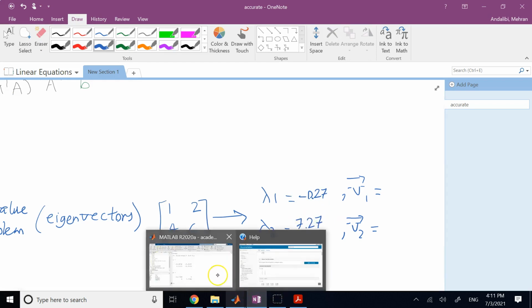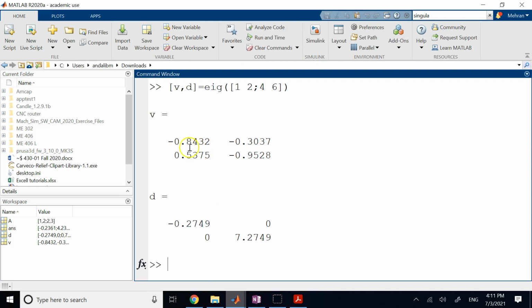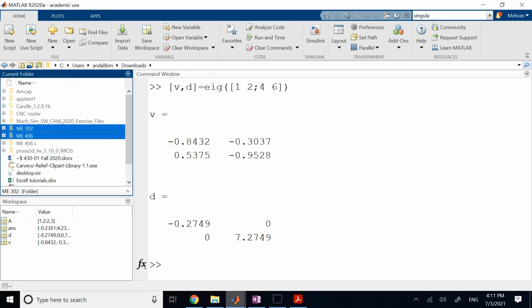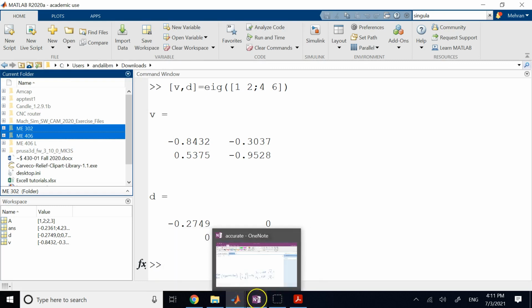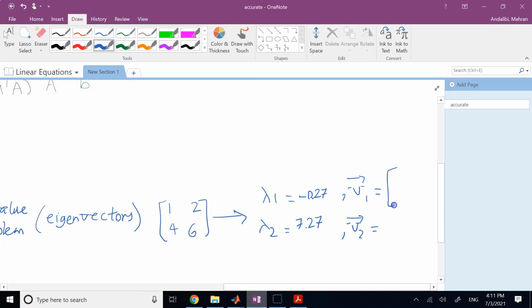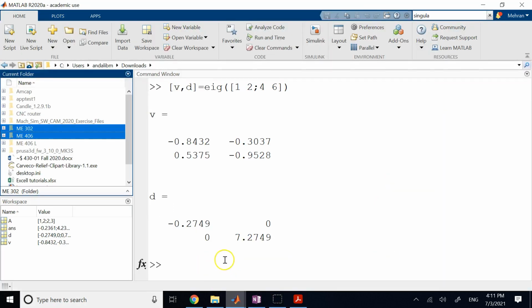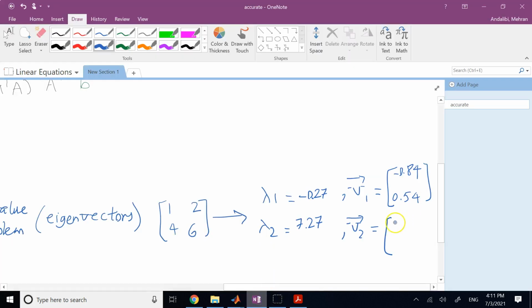And the corresponding eigenvectors are these: negative 0.84 and 0.54, and here I'm using two decimals, of course. And here the other one is negative 0.31 and negative 0.95, both negative.